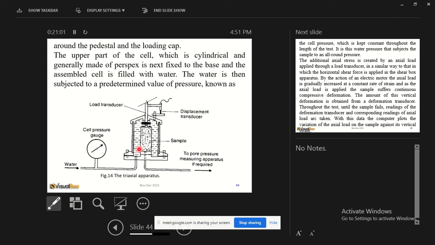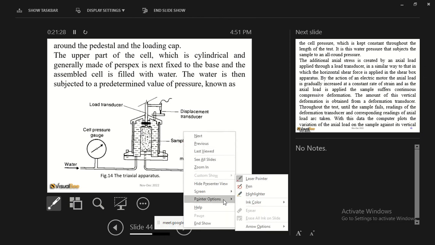Oil is more viscous and a little bit thick, so it's not easy to escape. Typically we use water, but in cases where you have problems of excess leakage, you can use oil, because oil is thick and relatively more difficult to escape compared to water.